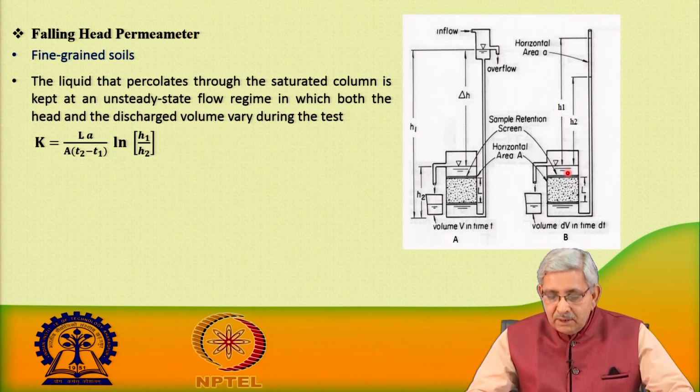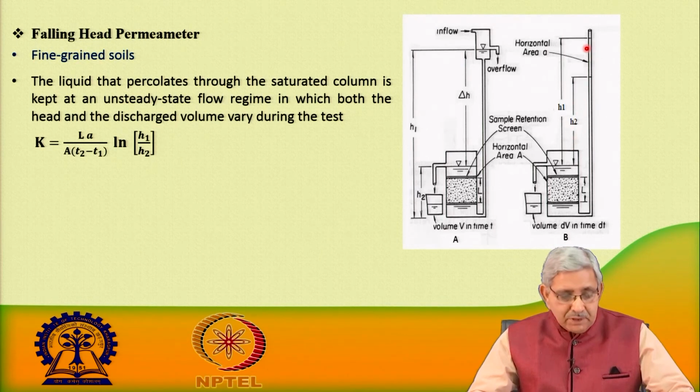We operate the system in such a way that, suppose there is one head at a particular time, we keep it as H1, and then we maintain the head H2, and these two head values are used to find out the hydraulic conductivity.